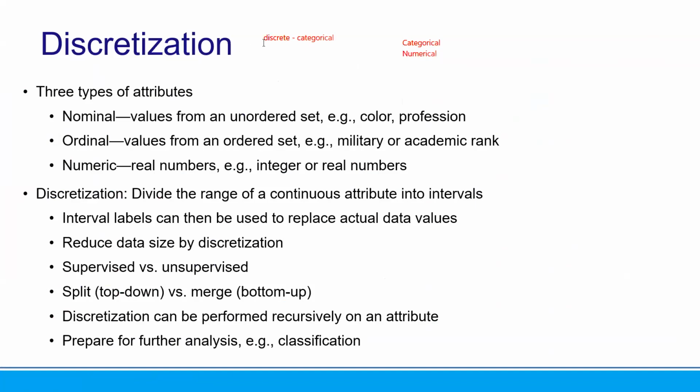And when we want to discretize, we need to consider 3 types of attributes. The first is nominal data. You know that nominal is an unordered set. Color, profession, it has no order.